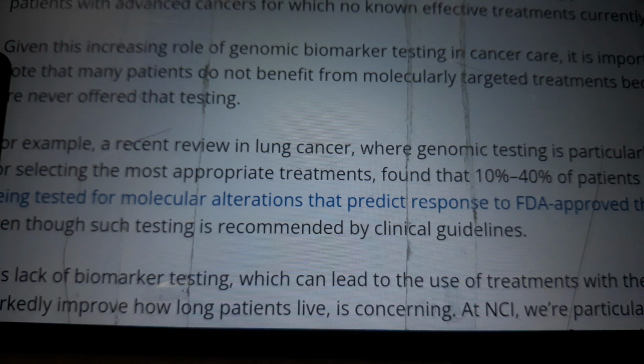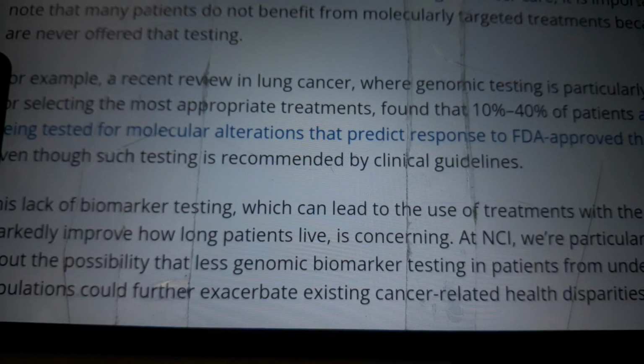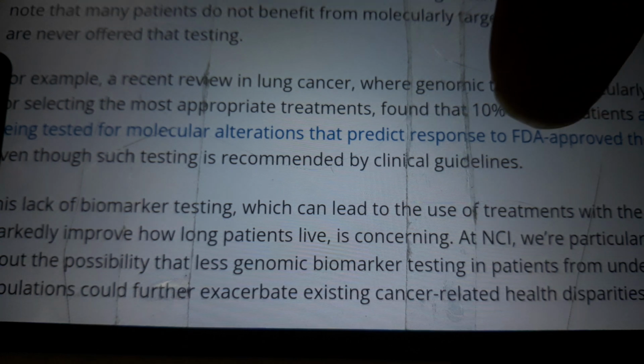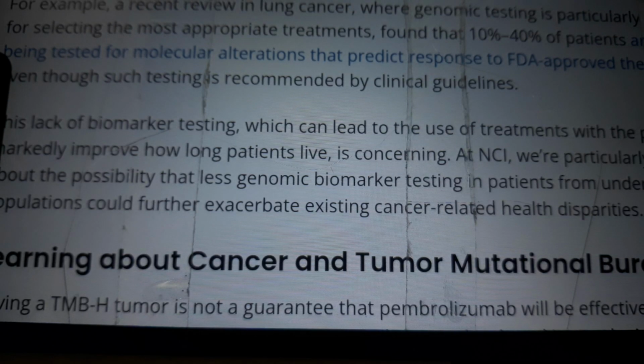Given this increasing role of genomic biomarker testing in cancer care, it is important to note that many patients do not benefit from molecularly targeted treatments because they are never offered that testing. For example, a recent review in lung cancer, where genomic testing is particularly critical for selecting the most appropriate treatments, found that 10% to 40% of patients are not being tested for molecular alterations that predict response to FDA-approved therapies, even though such testing is recommended by clinical guidelines.